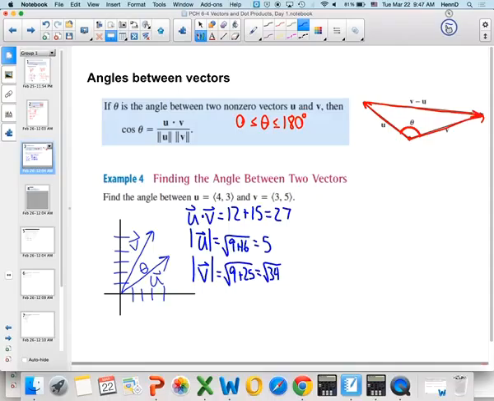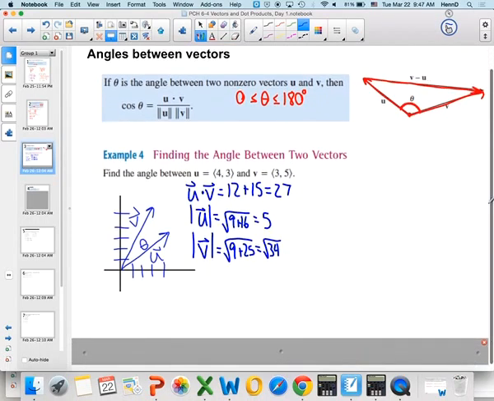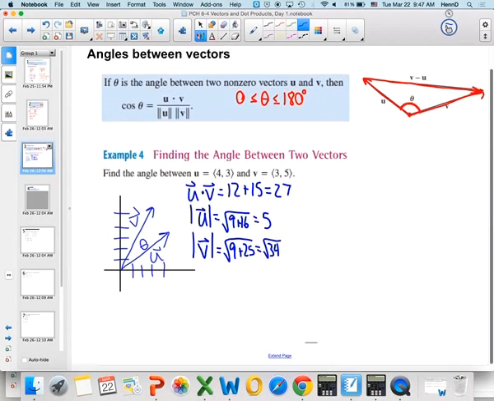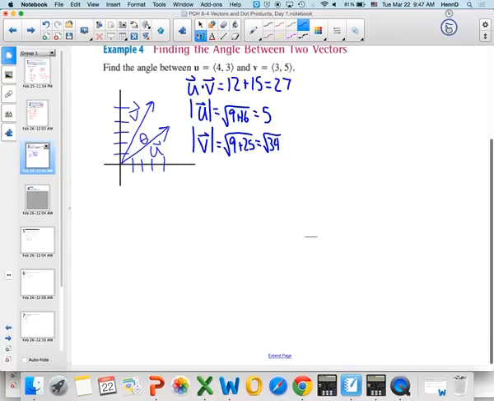Okay? So now we can use our formula. The formula calls again for the dot product over the product of the magnitudes. So we know that cosine of theta equals the dot product, 27, over the product of the magnitudes, 5 times the square root of 34.